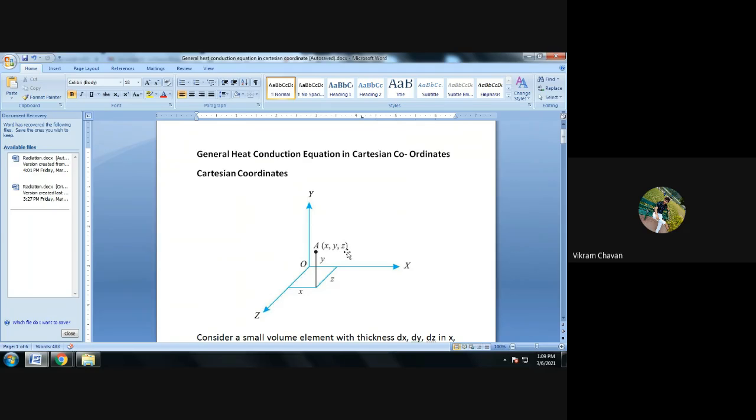So in Cartesian coordinates, there are three axes we are using to locate any point in a space. So it is also called a rectangular coordinate system. Getting everyone? So there are different coordinates used in a spherical coordinate system and in a cylindrical coordinate system.